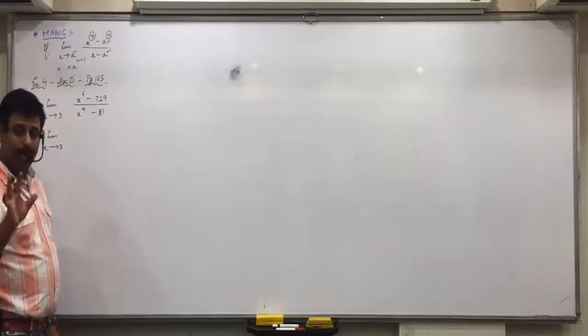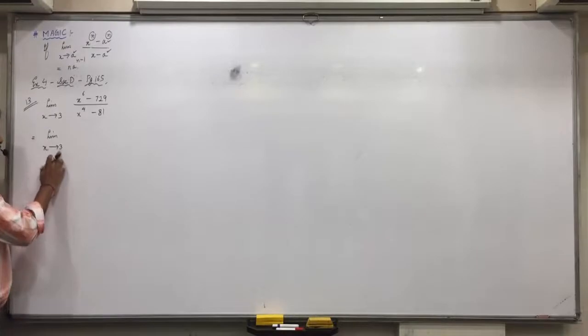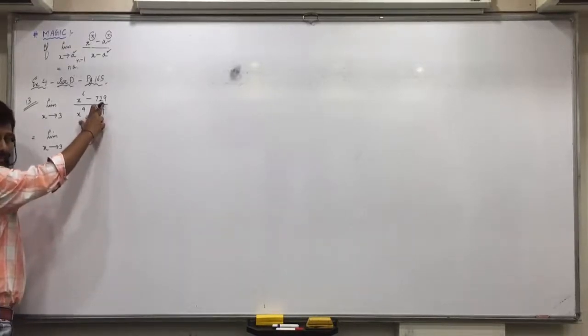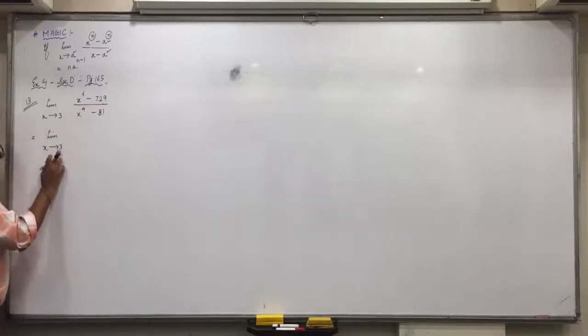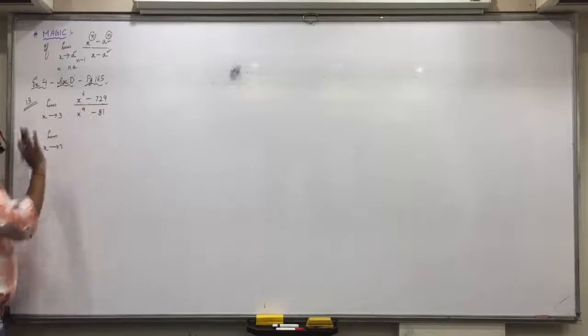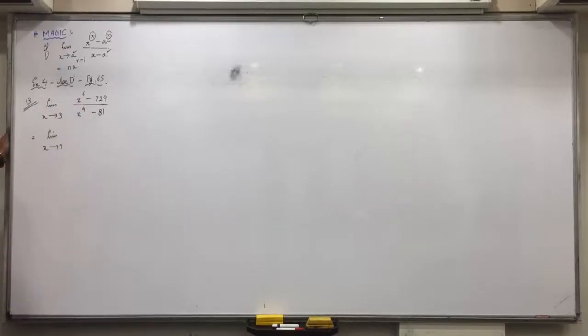So what you simply have to do is, if x tends to 3, then in place of 729, you will write 3 raised to 6 without verifying in the calculator. It will be correct only. Always it will be correct. Okay?